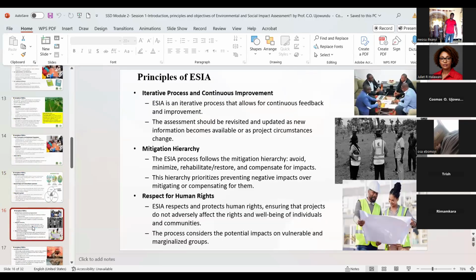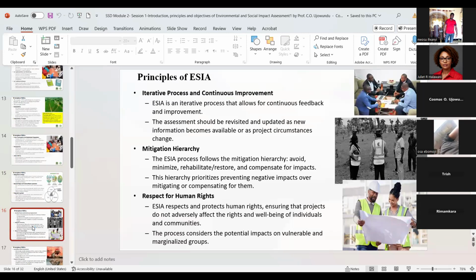Then we'll talk about it being an iterative process. It's a continuous process. It's not a one-off thing. As feedback comes, you improve on the aspects that you didn't see. You should allow change. So if anything comes up along the process of carrying out any project, you should make room for change and also to evaluate your project.